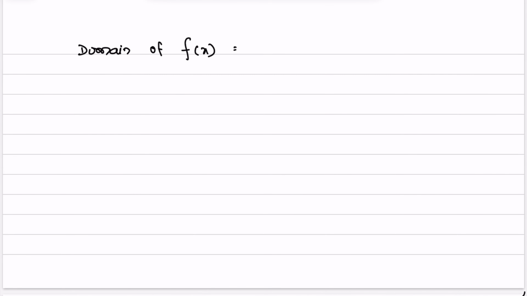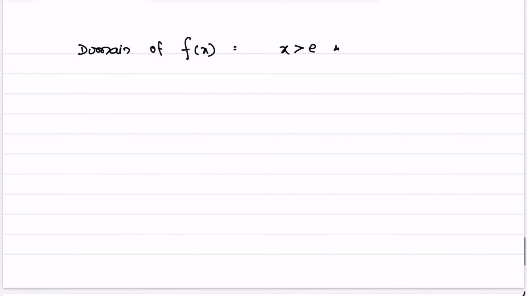Think over: x should be greater than e and x should not be equal to x naught.